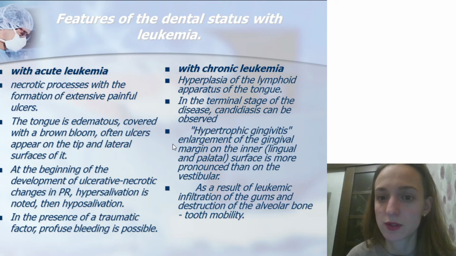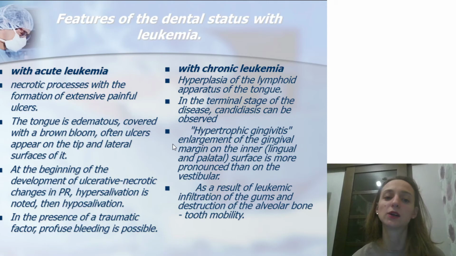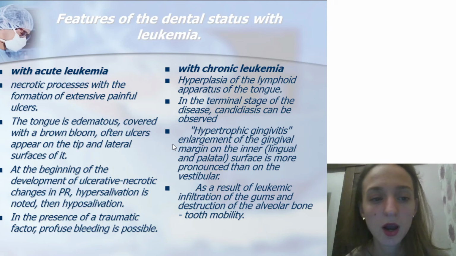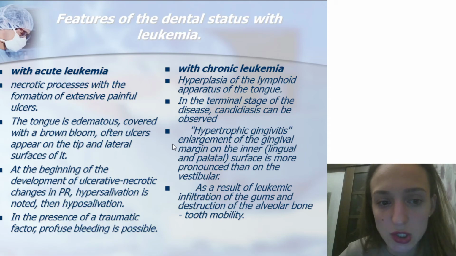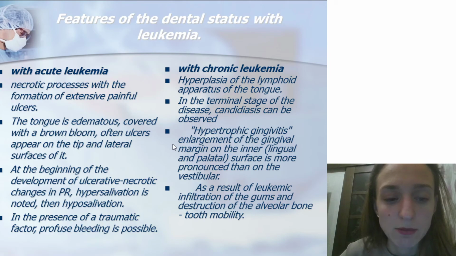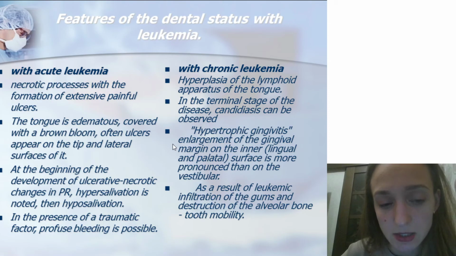And features of the dental status with leukemia, acute leukemia and chronic. With acute leukemia, it is necrotic processes with the formation of extensive painful ulcers, and the tongue is edematous, covered with a brown coating. At the beginning of the development of ulcerative necrotic changes in the oral cavity, then in the presence of a traumatic factor, profuse bleeding is possible.